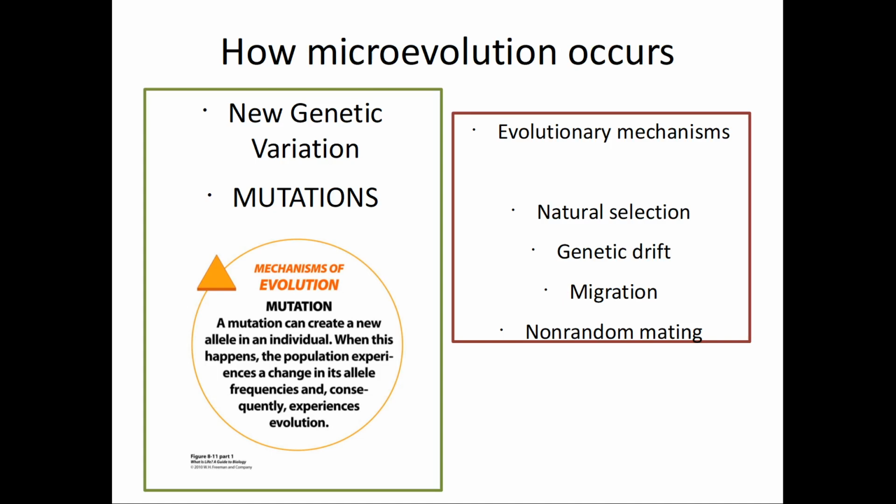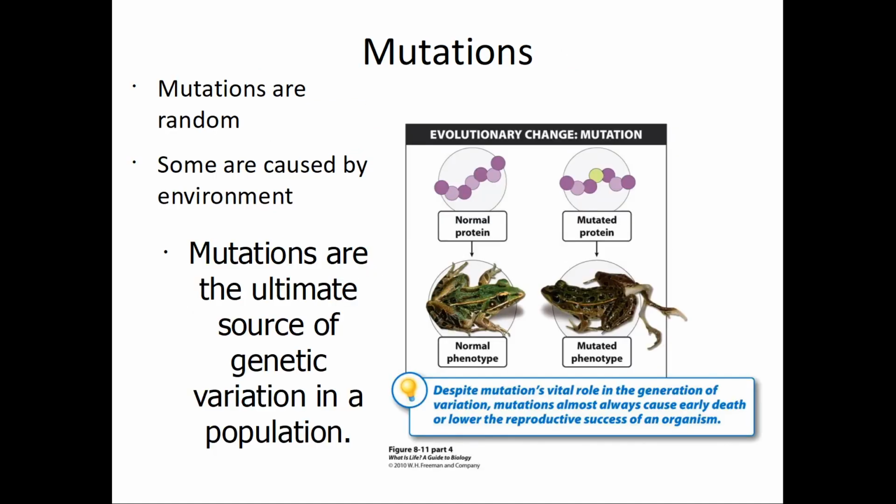And nature may find that, hey, this new mutant is better suited, and it outcompetes the other members of its population or its group, and it becomes the dominant allele in the population. That is evolution in a nutshell.